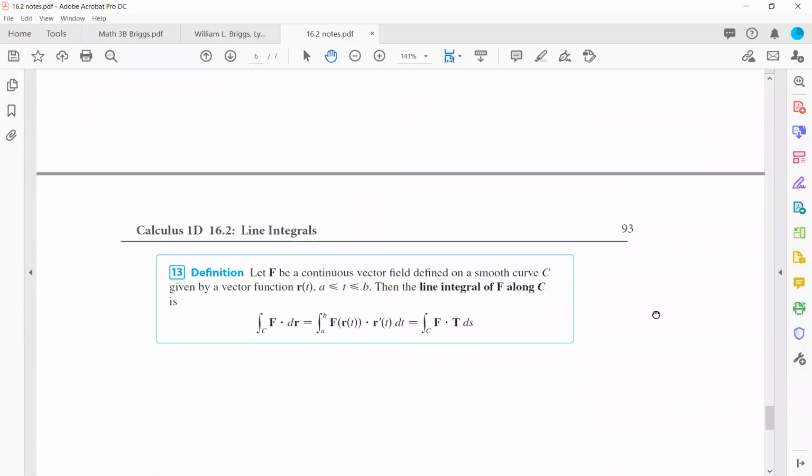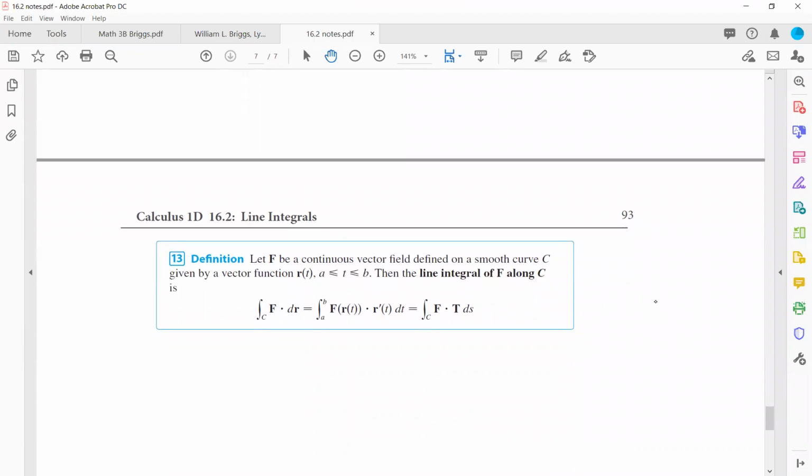Finally, let us have this definition. Let F be a continuous vector field defined on a smooth curve C given by a vector function r(t), t ranges between a and b.